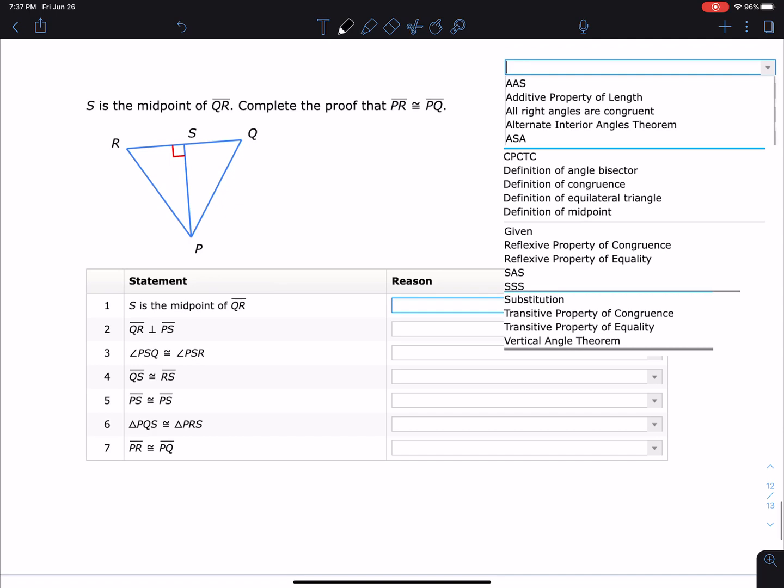Okay, now this is just a fun one because the whole thing's blank. Let's get through it. Okay, S is the midpoint of QR. So first of all, given. What I'm also going to do is mark it up, guys. If S is the midpoint of QR, that means these two pieces must be congruent because the midpoint, by definition, cuts it in half.